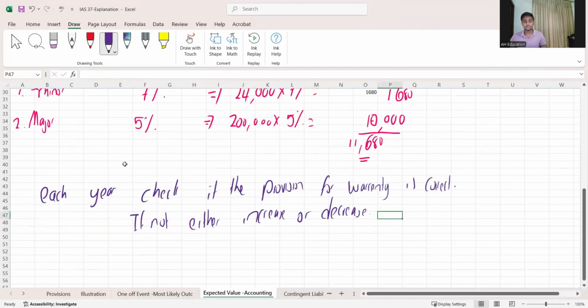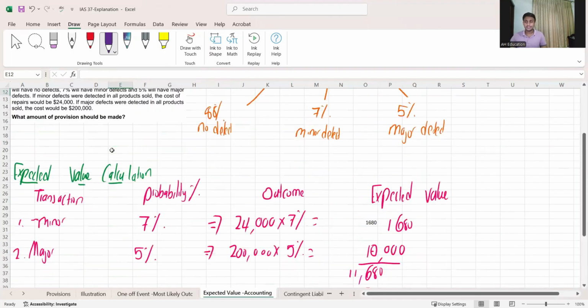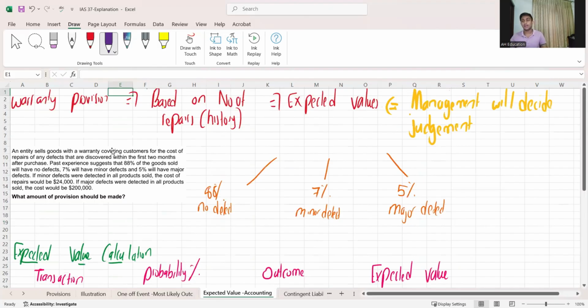Now, coming to the next best part, if you have continuous events, like for example, a warranty provision. There might be different customers coming at different periods to claim warranty. So this is a frequently happening event, not like your court case, which is a one-off event. So then how will you determine?